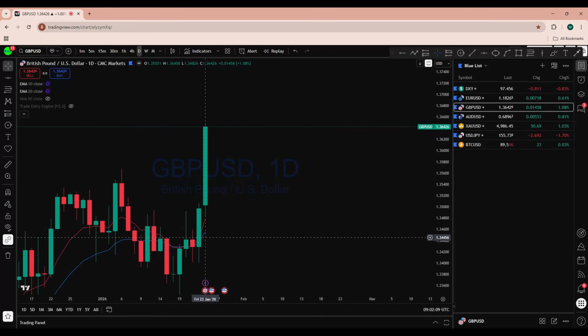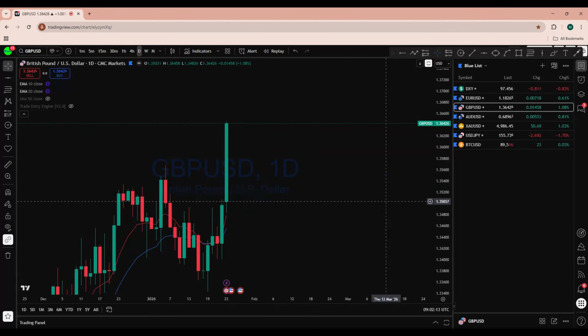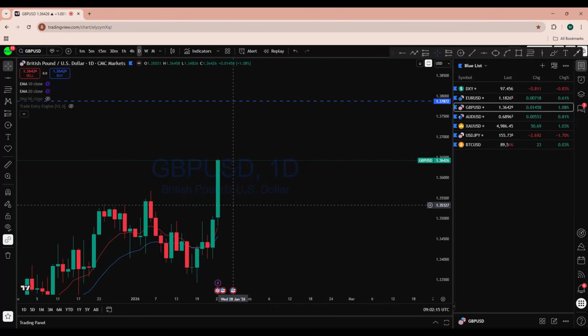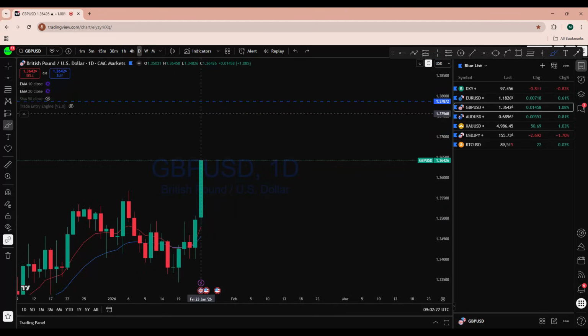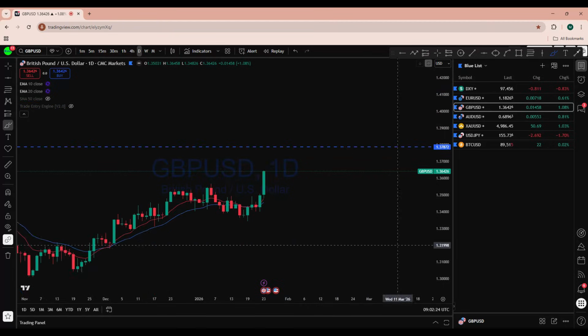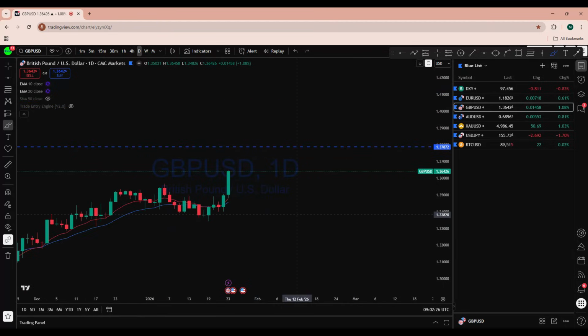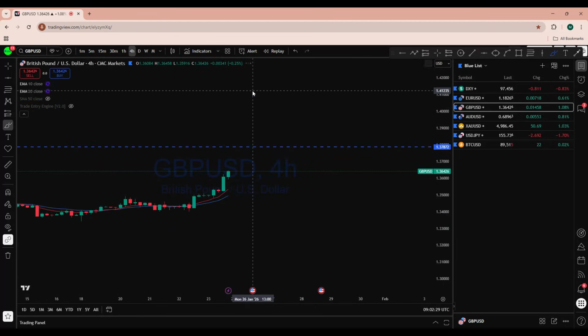The price crossed both the 10 and 20 EMA, which is a bullish engulfer, and which has given a higher possibility for this market to eventually go ahead and create a new higher high here on British pound US dollar. So all three time frames are aligning for this potential bullish breakout on British pound US dollar.